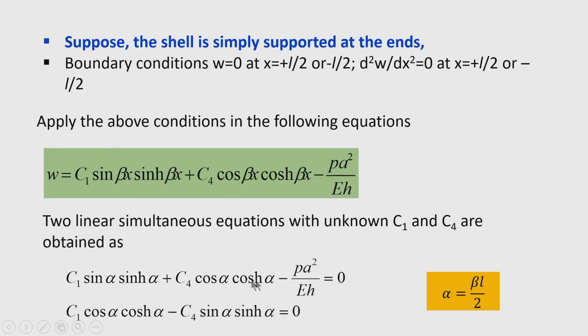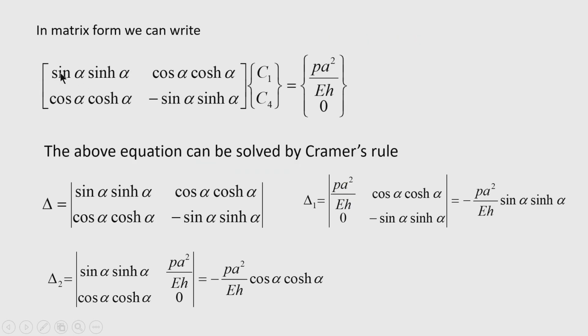If I write this equation in matrix form, then the coefficient matrix becomes sin alpha sin h alpha, cos h alpha, then cos h alpha, minus sin alpha sin h alpha, into the vector C 1 and C 4, equal to p square by E h and then 0.